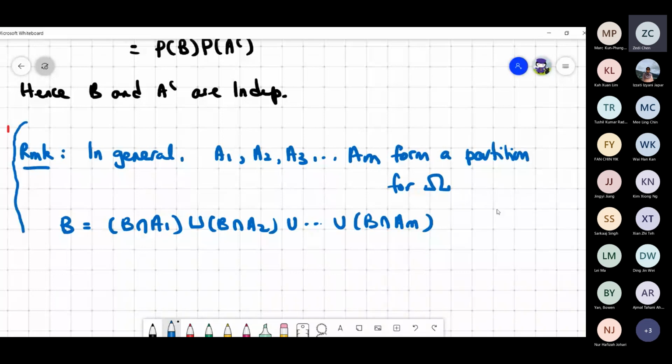In this case here, we have A1 equal to A, and A2 equal to the complement of A.